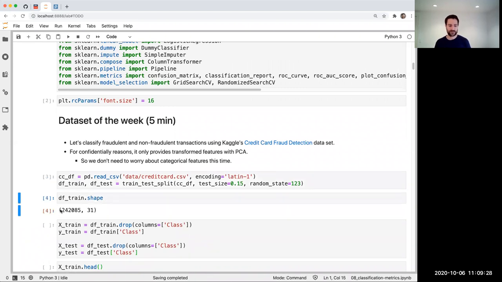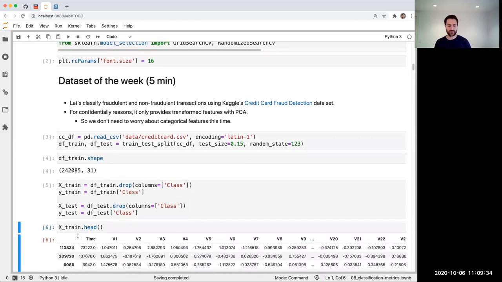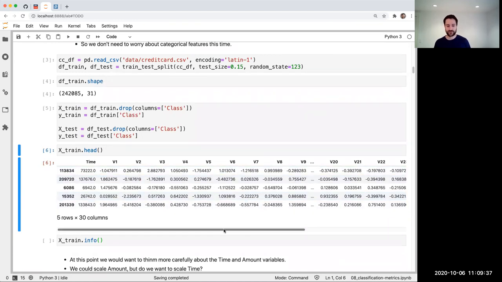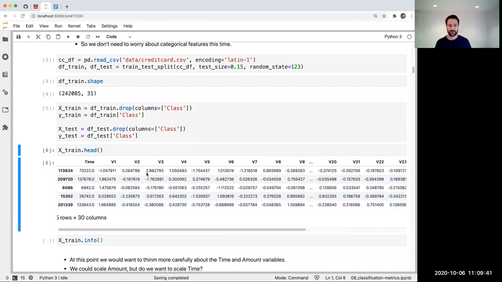It's a pretty big data set, 240,000 credit card transactions, and they're not really telling us what these features are. They just kind of already processed some features for us.